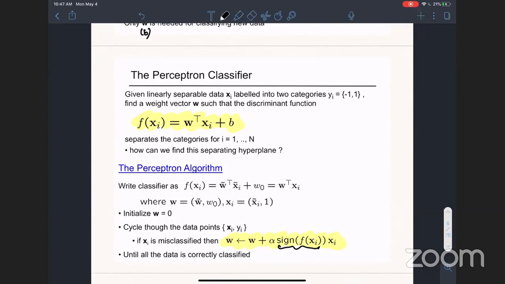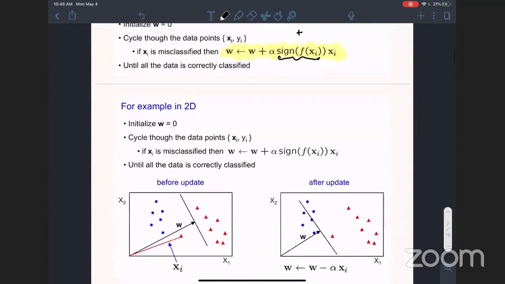If you are misclassifying a positive sample, that means incorrectly you classified plus as negative, so you need to increase your W. In that case, the sign would be positive. If you have a true negative sample but the prediction was positive, that means you need to decrease your W update. So that was taught last time.